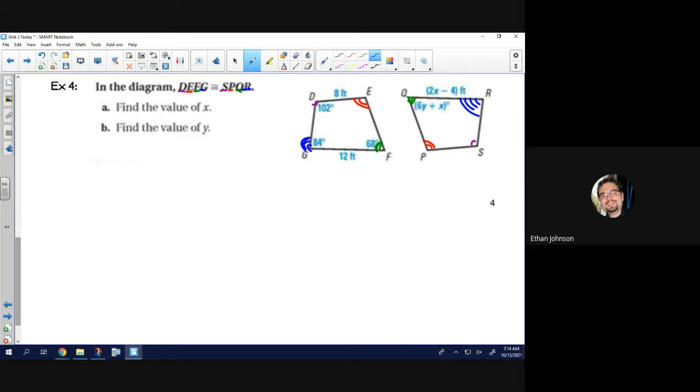So I know that 2x minus 4 has to equal 12. Add 4 to both sides. 2x equals 16. Divide by 2, x equals 8.